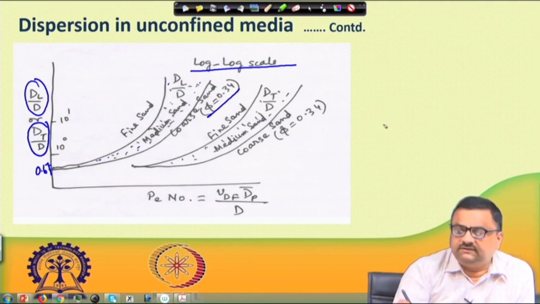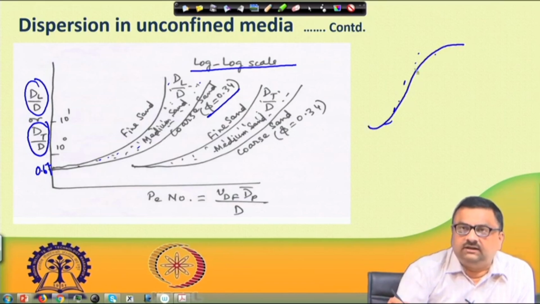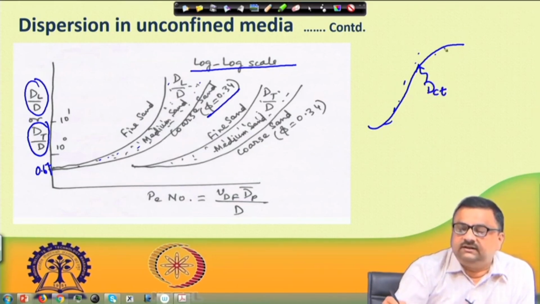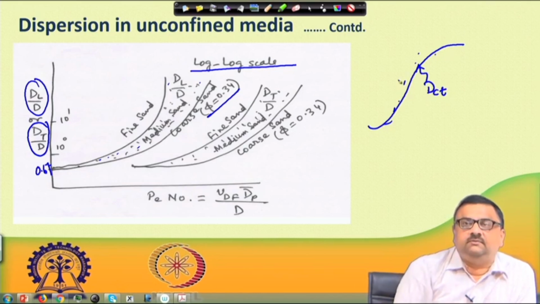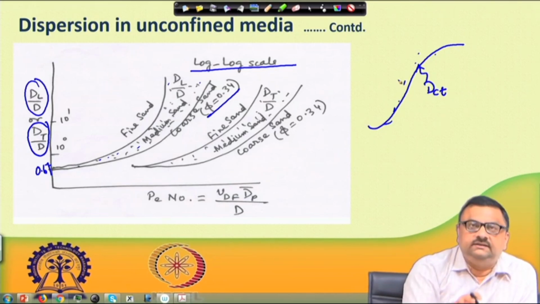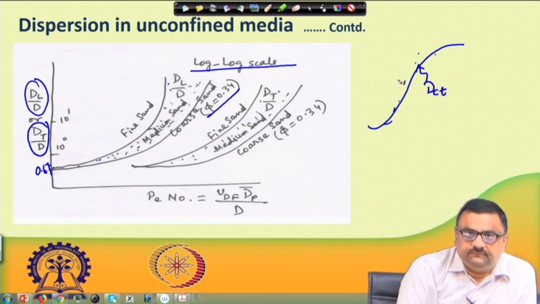I give a step change, I get these points, and then I have to fit a line through them, and find what the value of dCt should be such that the line fits the experimental data points perfectly. These kinds of studies have been done systematically for different sets of porous medium, and this is how the observations are summarized.